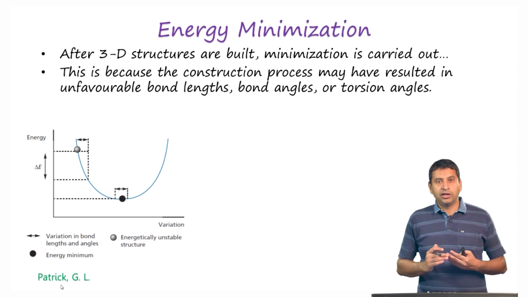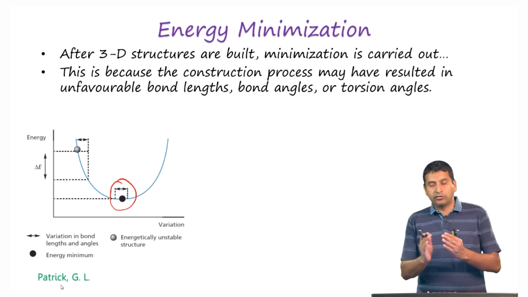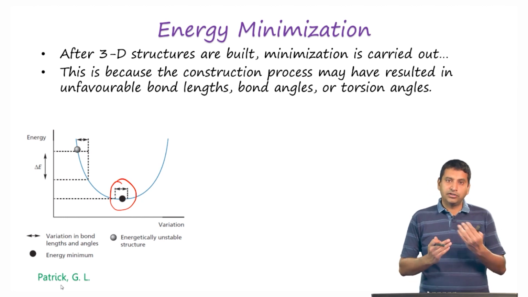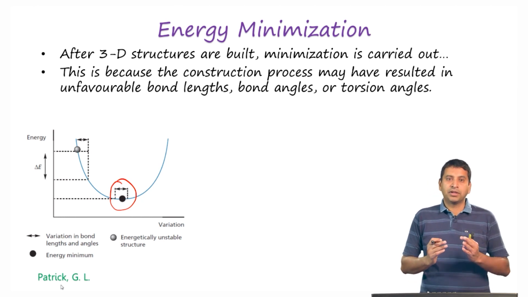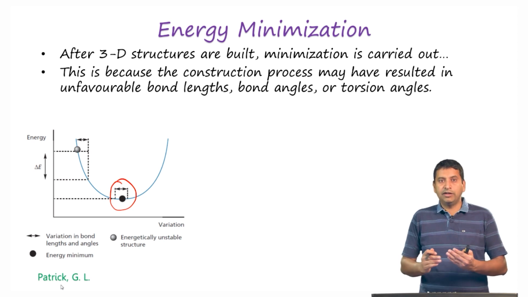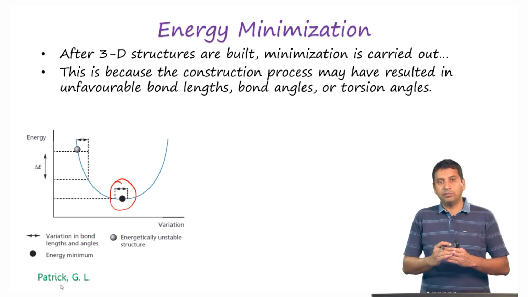So, the hypothesis going in here is that each molecule has a set of conformations which are of lower energy compared to another set of conformations which have higher energy. If we start sampling this energy profile, then we would be able to arrive at a situation where the most energetically stable structure can be arrived at, which is called the energy minimum.